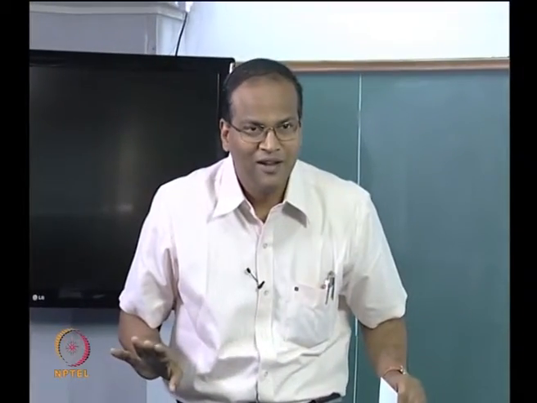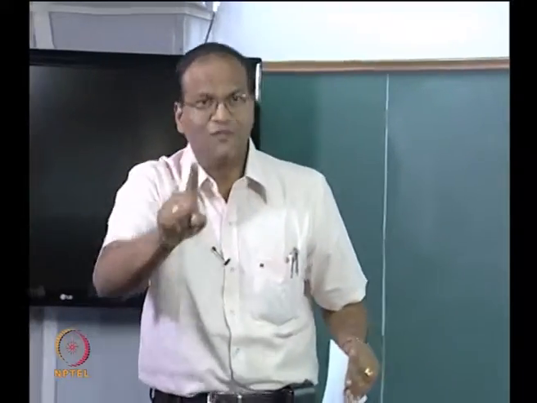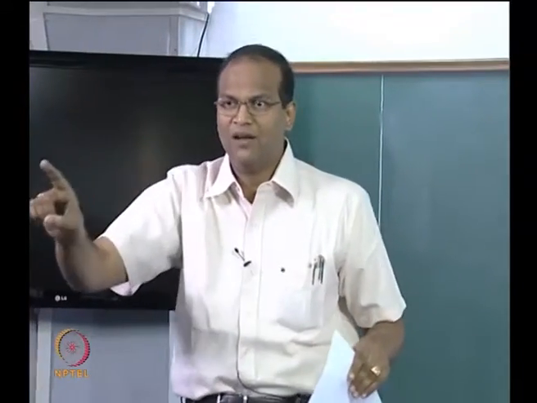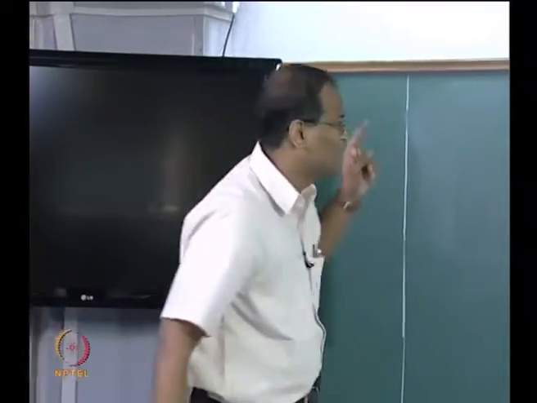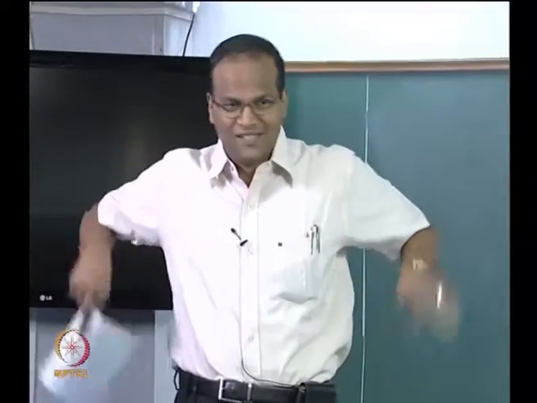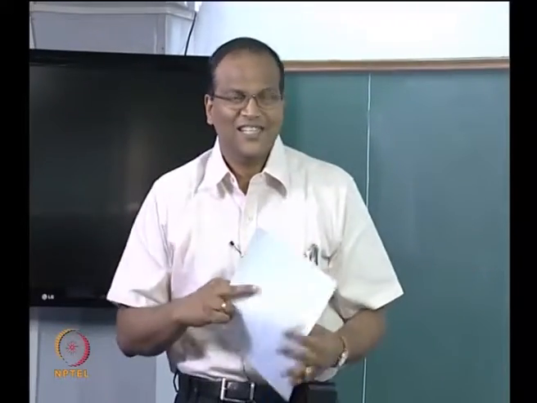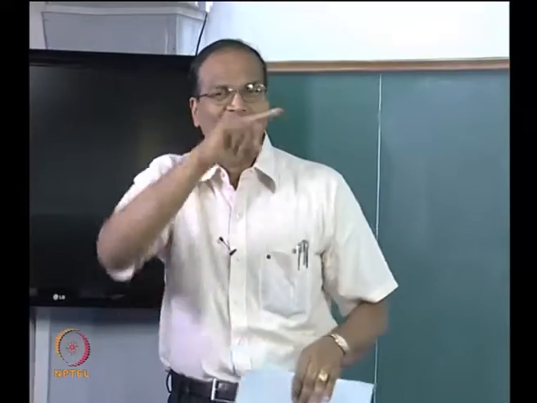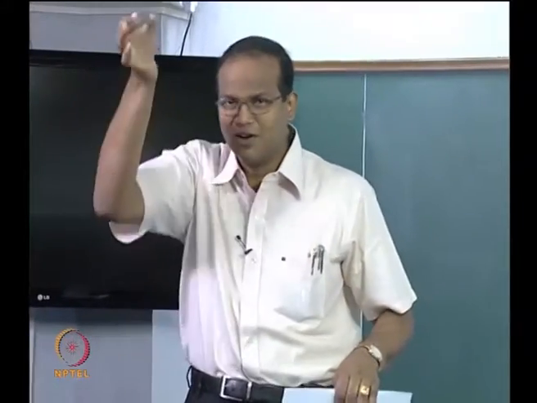That is correct for a black body as well as for a grey body. Not so for the body under consideration. It is a non-grey body, meaning epsilon is a function of lambda.